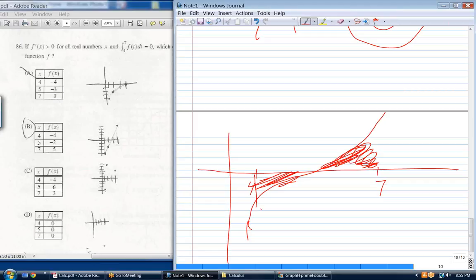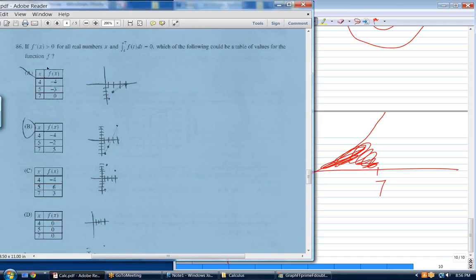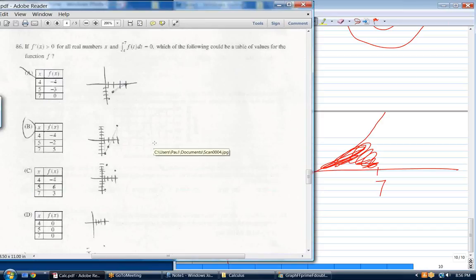If it was all positive values, there's no way the area under the curve could be 0. Okay? So, which of the following could be values? Well, let's think about this for a second.